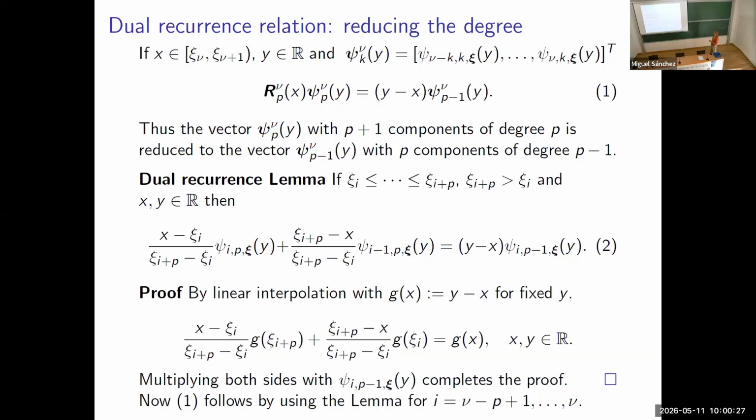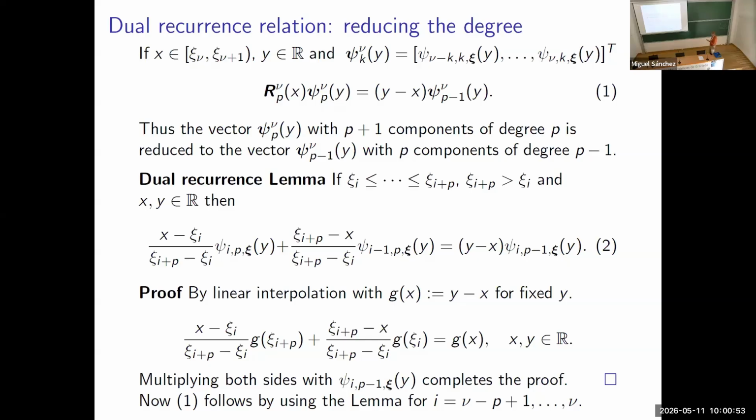We take the column vector c_k with the k plus 1 dual polynomials at the point y, and y could be any fixed point.